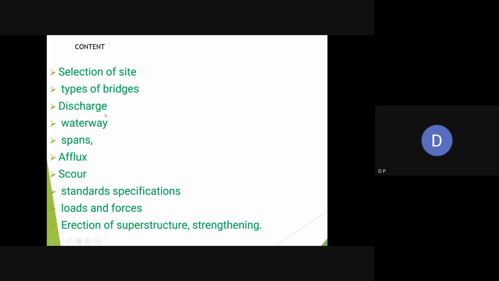So we have to calculate the discharge which will flow below the bridge, considering maximum flood level, accordingly waterway, number of spans, afflux, increase in height of the water level on the upstream side, scour depth at the bottom of the foundation, then standard specifications for loads, forces, erection of superstructure, strengthening.